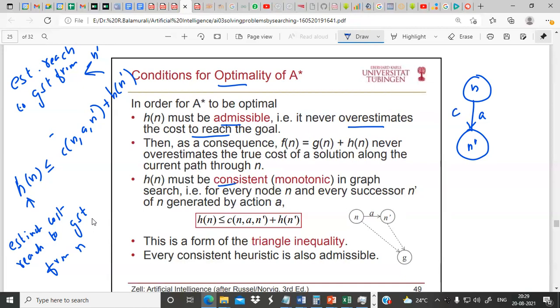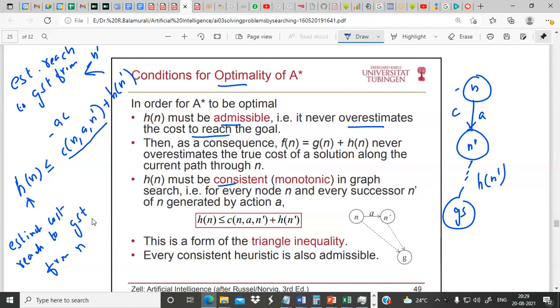So that cost is this c of n comma a comma n dash. This is the actual cost. But this h of n dash is the heuristic cost, the estimate of reaching the goal state.